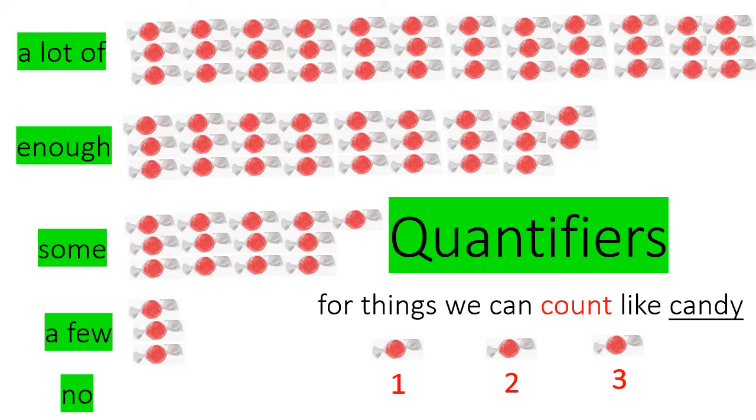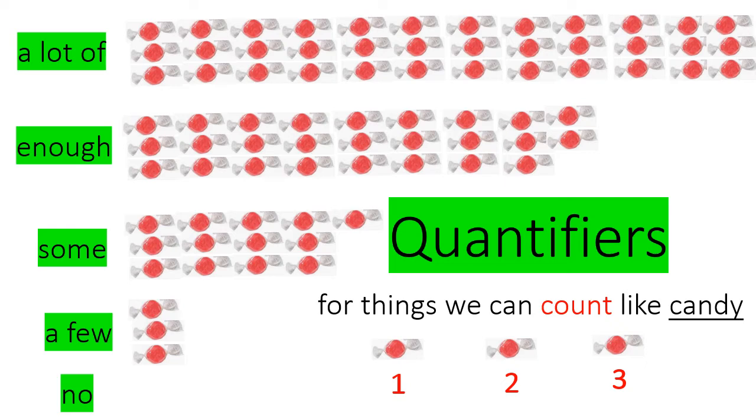So, for example, when we learned about quantifiers in class, we had 26 people in the class. Okay, so this word enough, this quantifier highlighted in green, shows enough candies for the class.